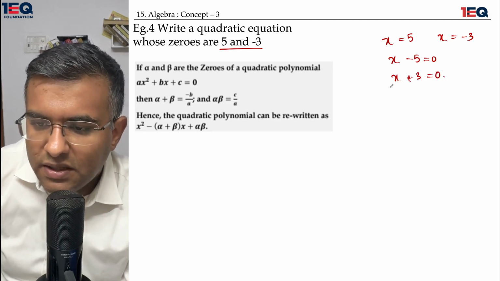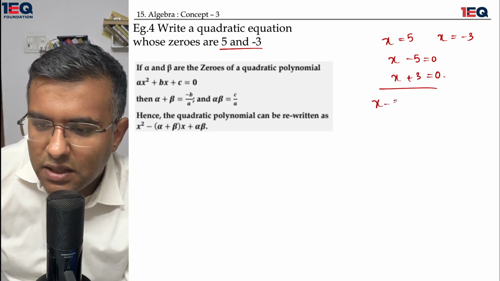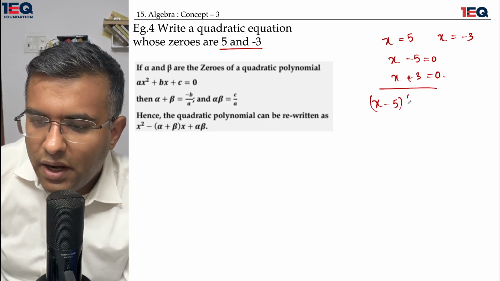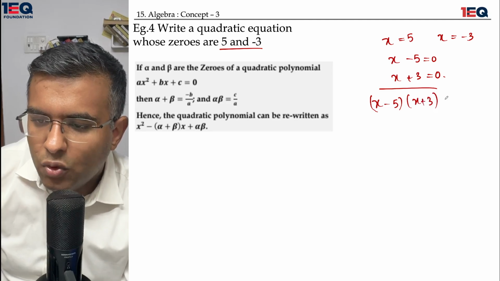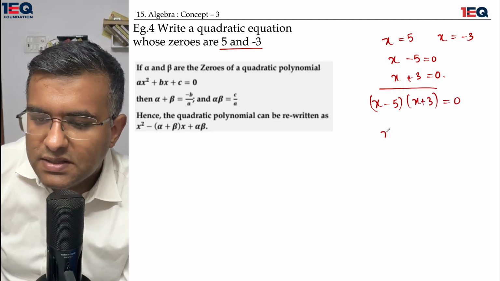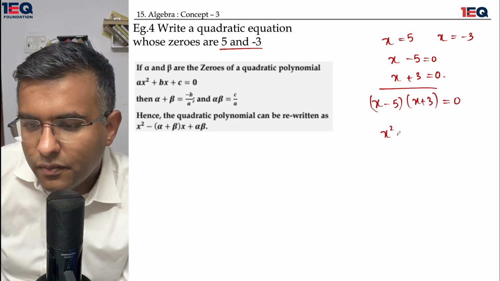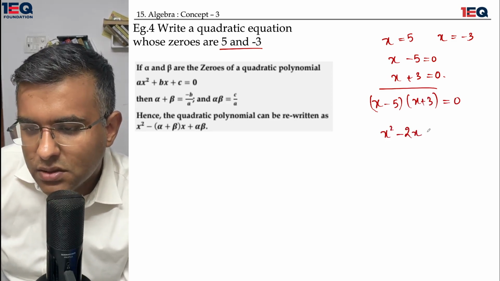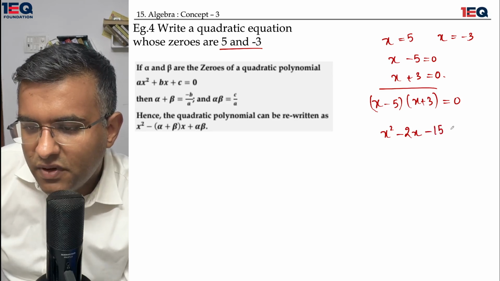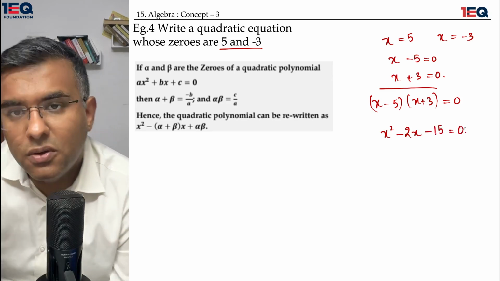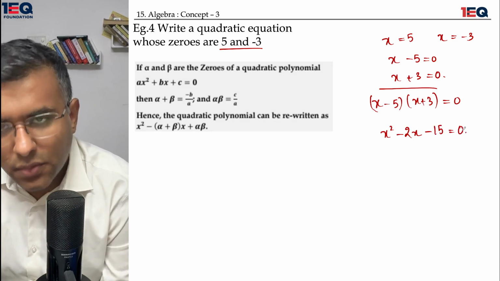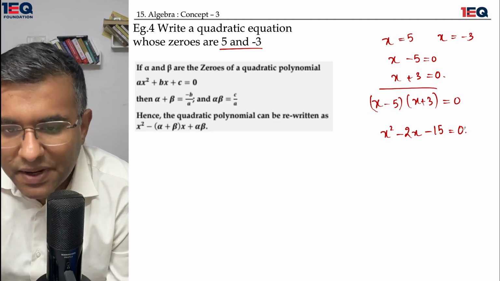When I multiply these two together, I can say that x minus 5 and x plus 3 give x square minus 2x minus 15 is equal to 0, right? So this was my answer.